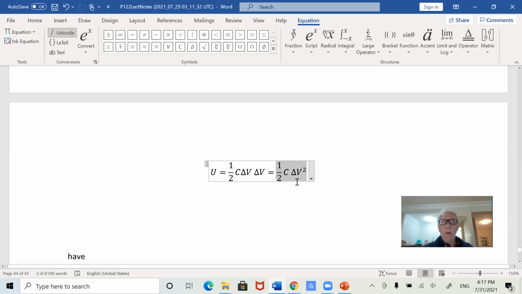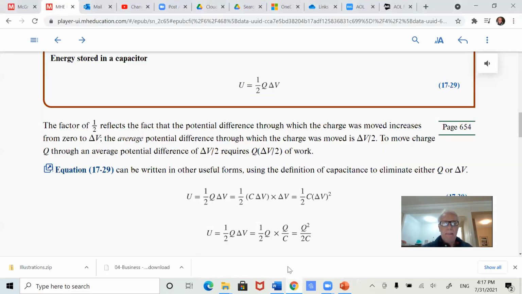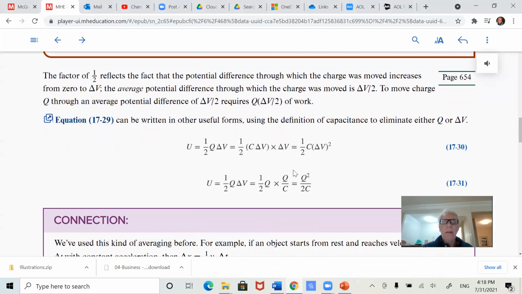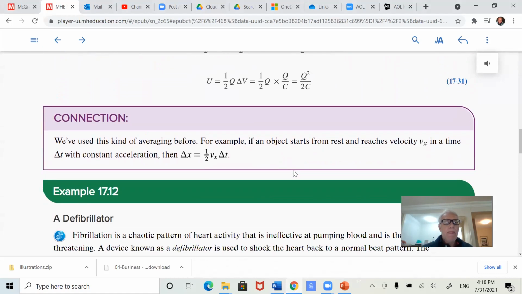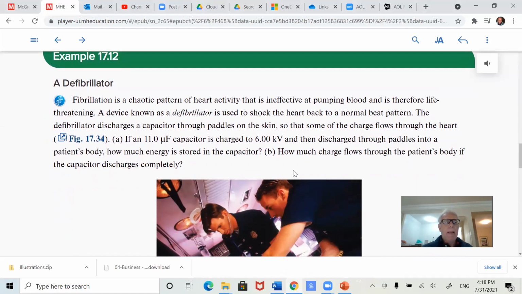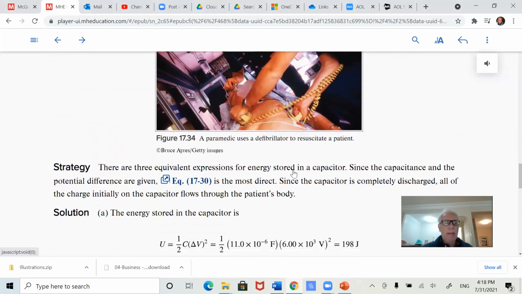So if you want to memorize this equation, just remember the equation for the potential energy of a spring. And then you can, of course, rewrite that in terms of the charge as well. The book did that in terms of the charge, and here is the way that I did. So that's how we calculate the energy.